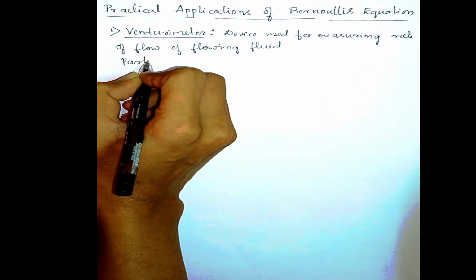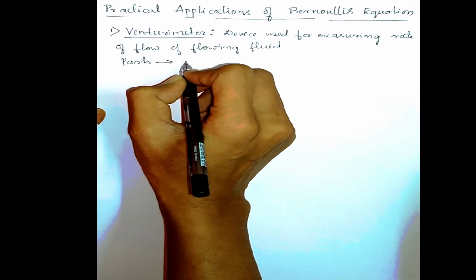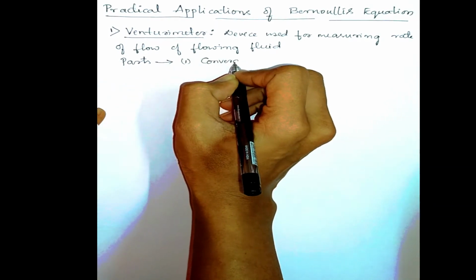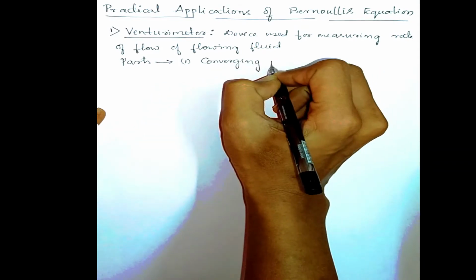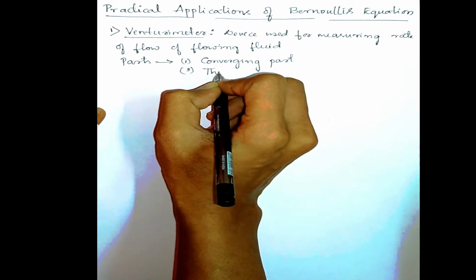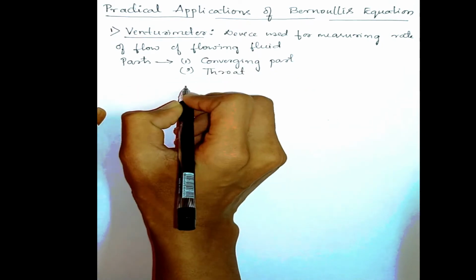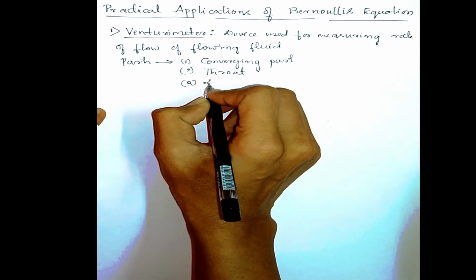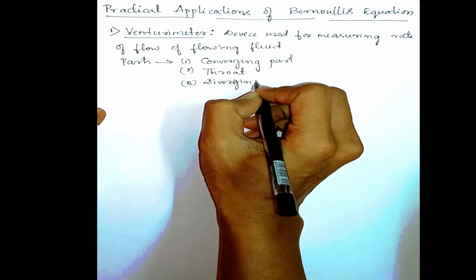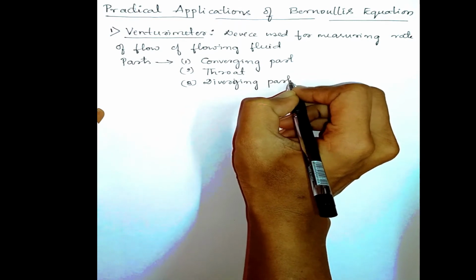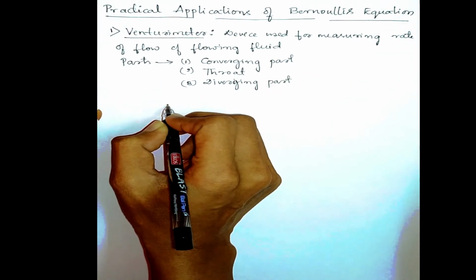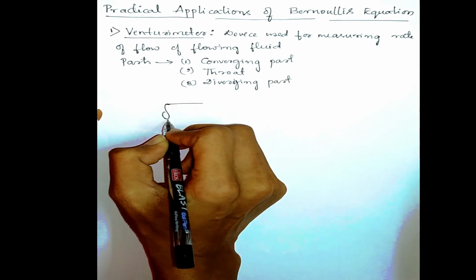So we have three parts of this Venturi meter: one is the converging part, the second one is the throat, and the third is the diverging part. Here you can see the figure, how it actually looks.